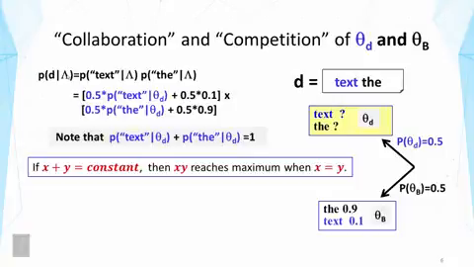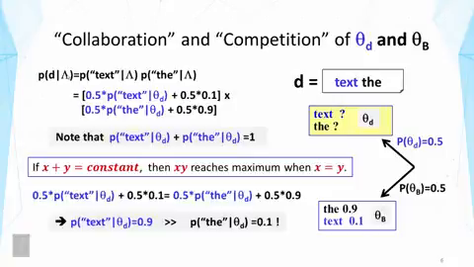This is a fact that we know from algebra. If we plug that in, it would mean that we have to make the two probabilities equal. And when we make them equal, and then consider the constraint, we can easily solve this problem. The solution is the probability of text would be 0.9, and the probability of the is 0.1. As you can see, indeed, the probability of text is now much larger than the probability of the.